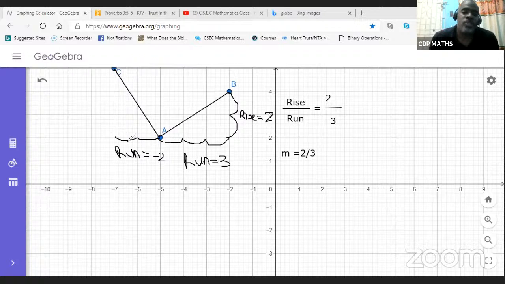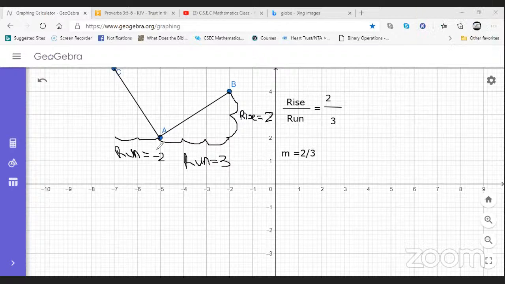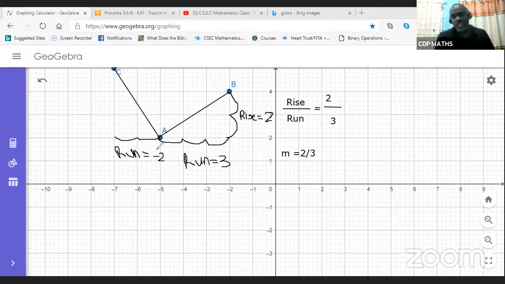So once you go in that direction, to the left, it's negative. If you're going to the right, it's positive. If you're going up, definitely positive. You're going to heaven, so it's positive. If you're going down, it's negative. Always remember that.